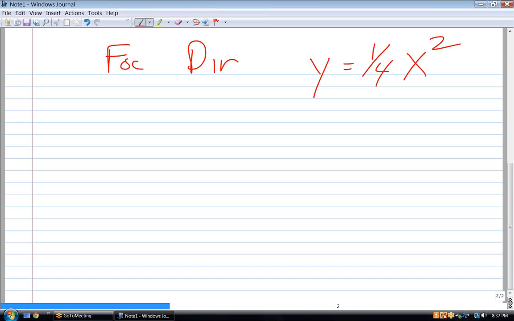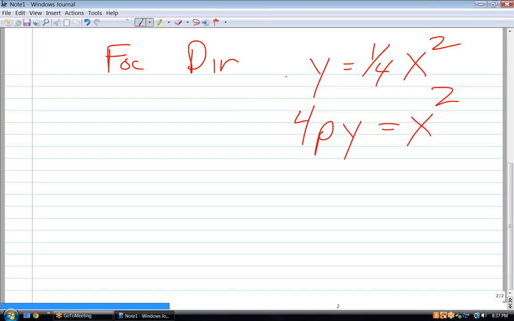Go ahead. Identify the focus and the directrix of the graph of each equation. It's y equals 1/4 x squared. Vertical or horizontal? Vertical. Okay, so what's the standard format for a vertical parabola? 4py equals x squared.